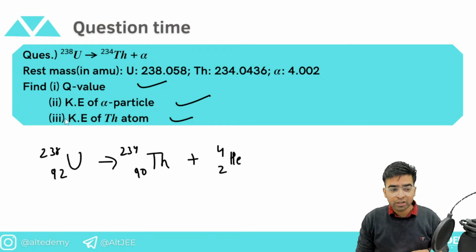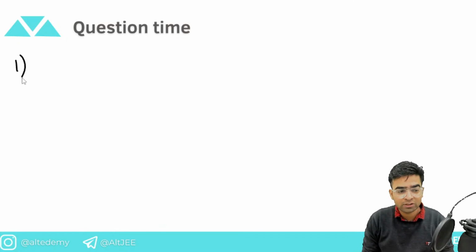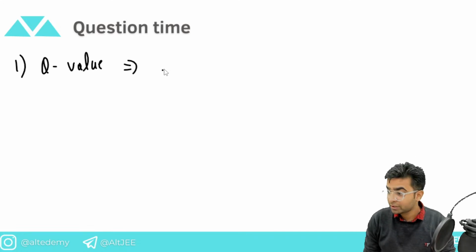Now he is asking for the Q value. The Q value is delta M times c squared.